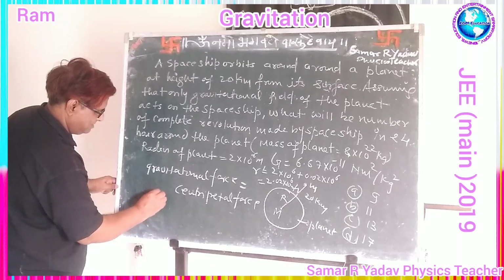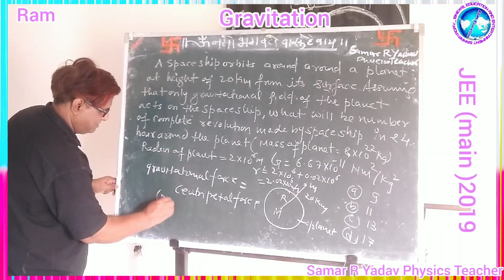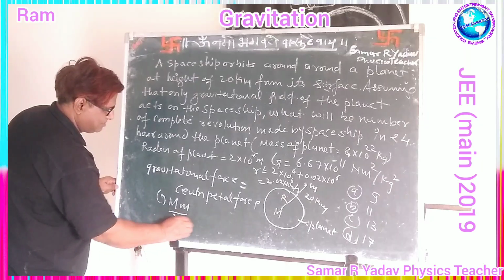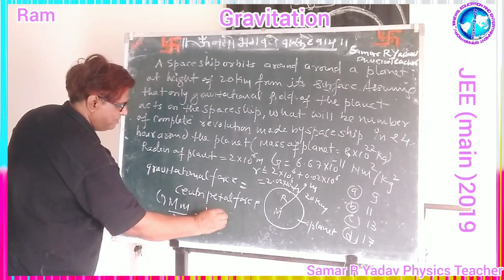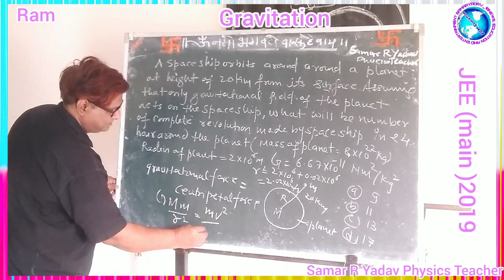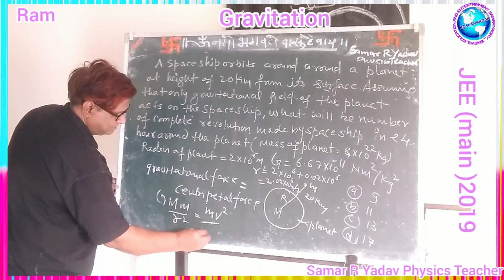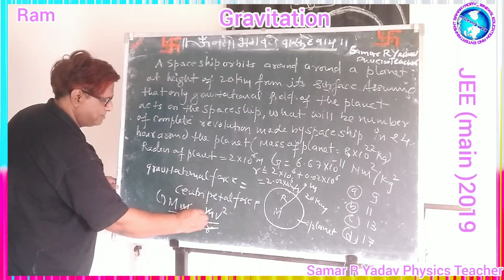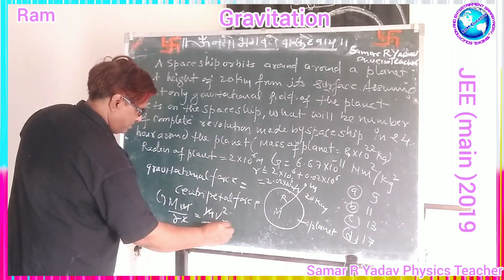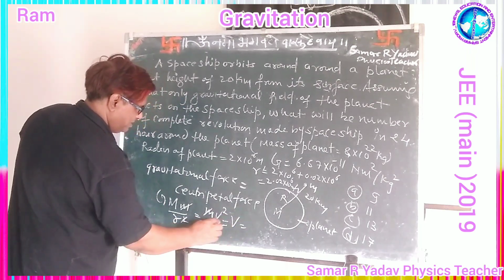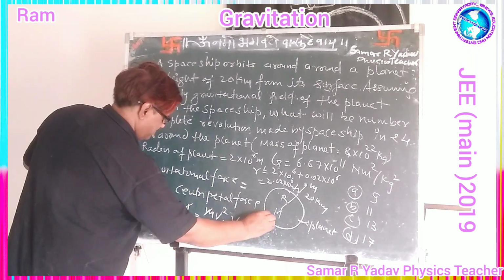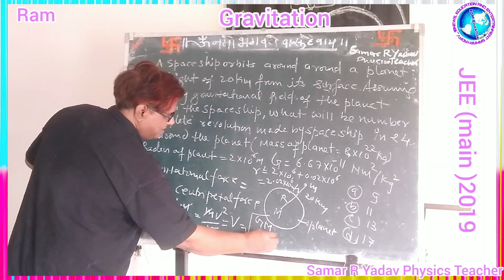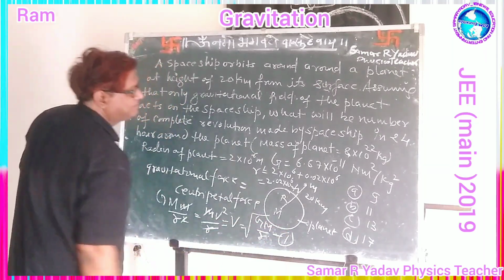Therefore G M m upon R² is equal to m v² upon R. This R will be cancelled, small m will be cancelled, therefore v is equal to under root G M upon R. This is equation number 1.